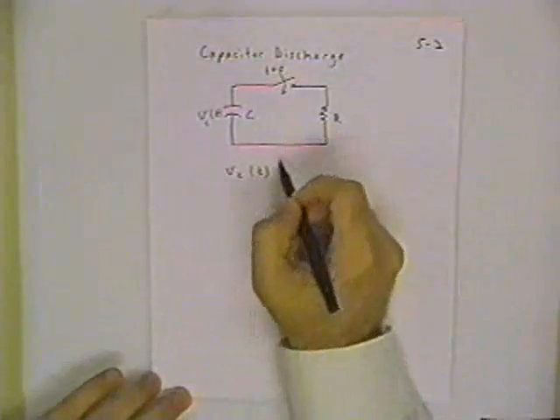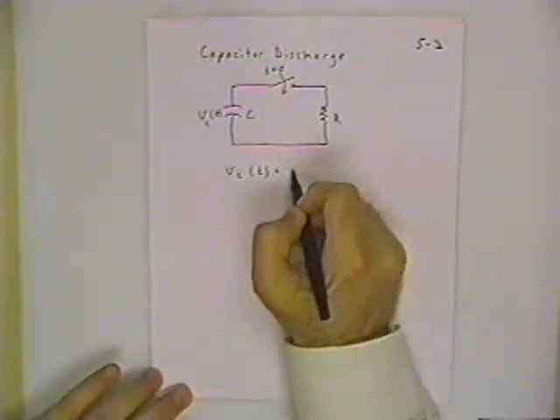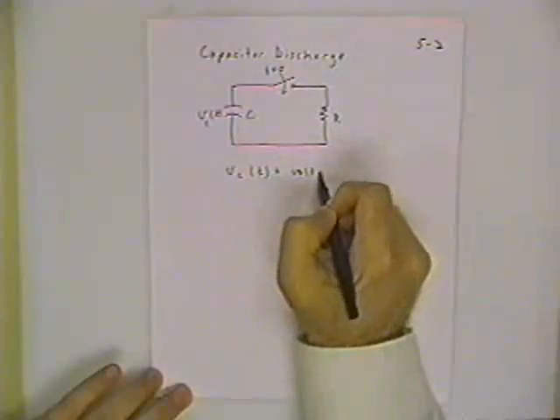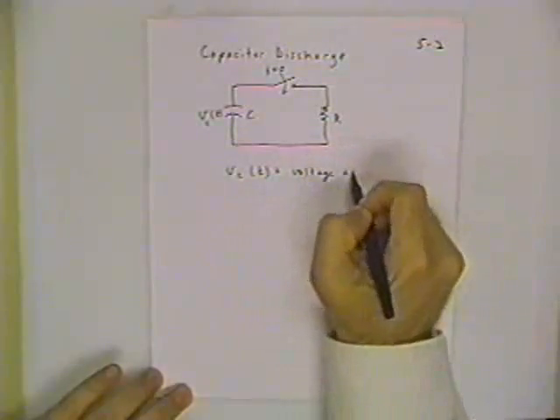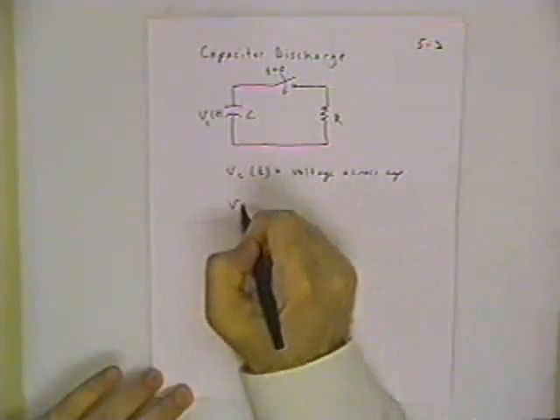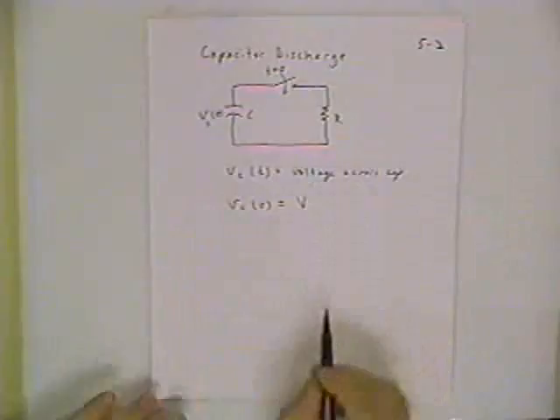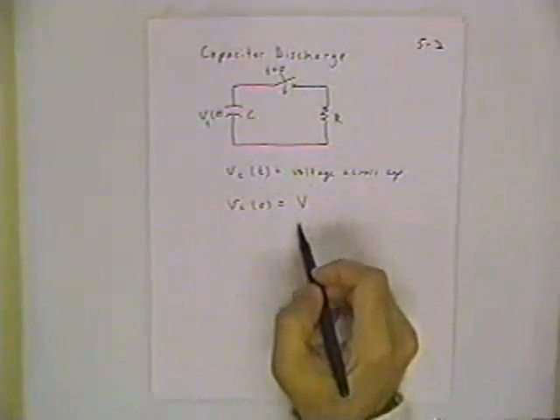If we set Vc equal to its initial value at t equals 0, then Vc of 0 would be some set value, say capital V volts.